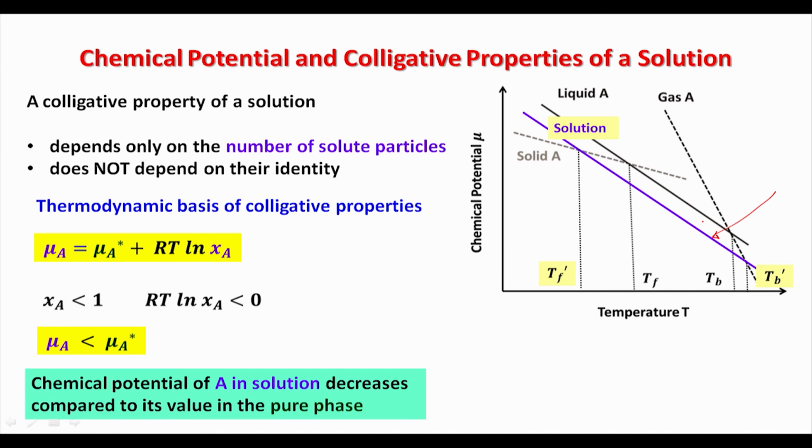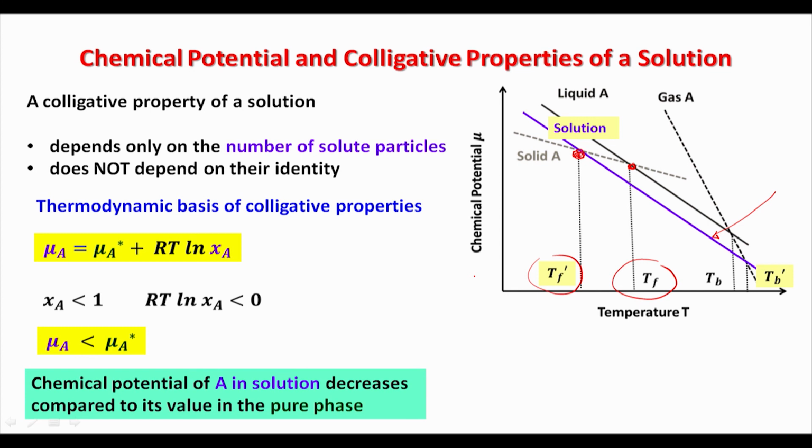Now, what is the indication from this particular plot? I understand that earlier the solid curve and the liquid curve intersected at this point, and the corresponding temperature at 1 atmospheric pressure is given by the freezing temperature of the pure liquid A. Now, when I have a solute dissolved in the liquid, I find that the solid A would be in equilibrium with the solution at a new temperature Tf prime.